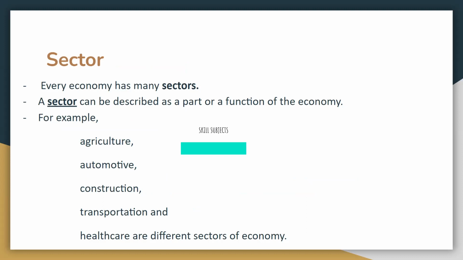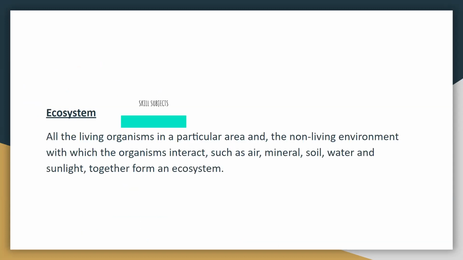But along with that, what is important is that we work for the development of these sectors as well. So first one is agriculture, second is automotive, construction, transportation, and healthcare. They are all different sectors of an economy.